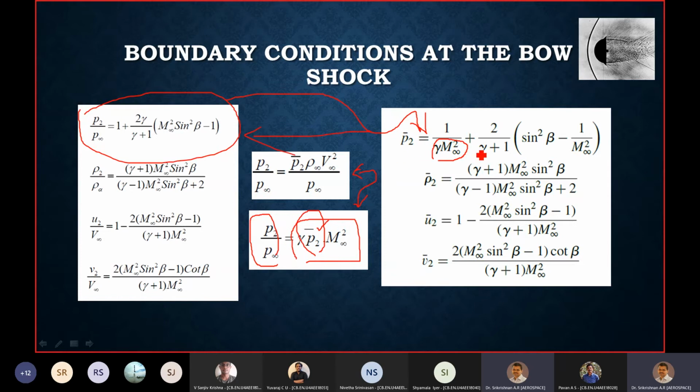So if I combine the two, I can write P2 bar is equal to 1 by gamma M infinity squared plus 2 by gamma plus 1, etc., etc. So nothing new here. I have just used the normal shock relations.